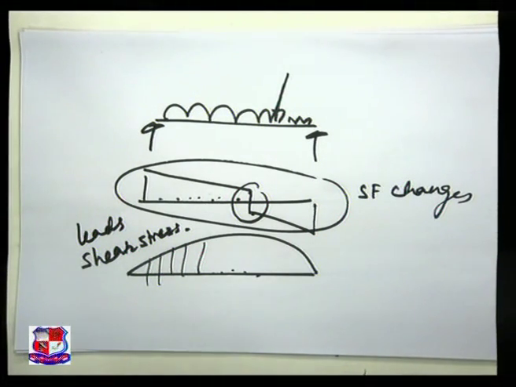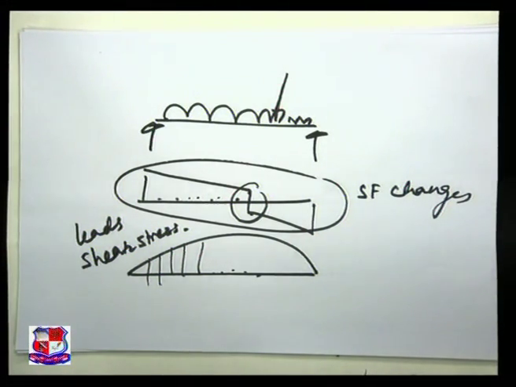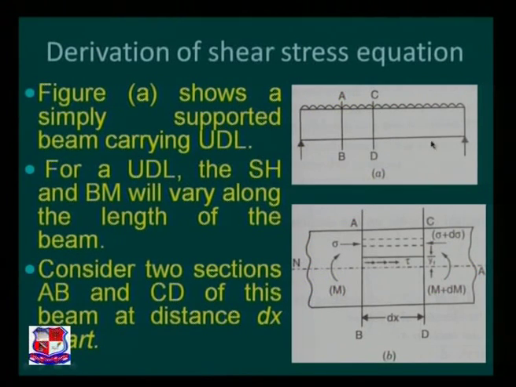Now look at the figure in this PPT. Figure A shows a simply supported beam with UDL. From a UDL, the shear force and bending moment will vary along the length of the beam, and we know how to plot them.